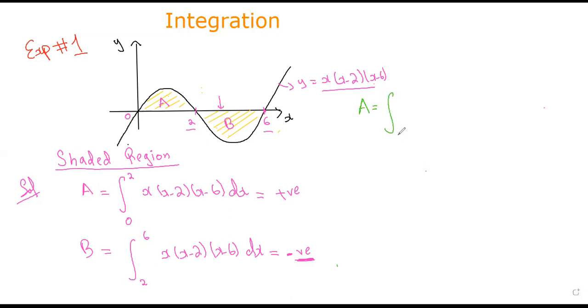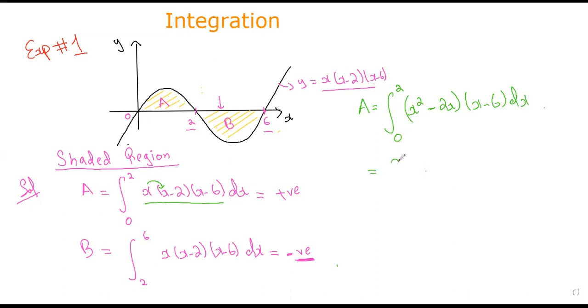Again, we are integrating. I'm going to keep the limits as they are, and I am going to expand this first so the function is simplified. So x into x would give me x squared minus 2x, brackets closed, and then x minus 6 comes as it is.